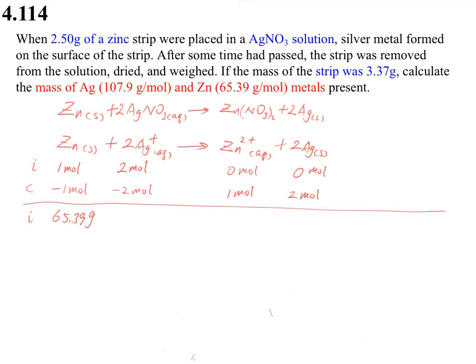This is the solid, and the mass of silver at the beginning is of course 0 gram. And the change, if this mole of zinc reacted completely, we lose all the 65.39 gram of zinc. How about silver? Silver will have 2 mole of silver, that is 2 times 107.9 gram.